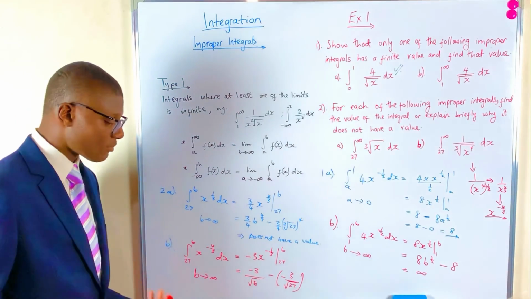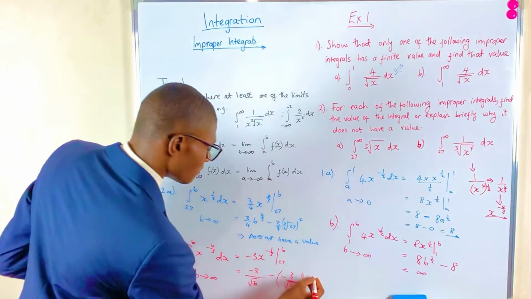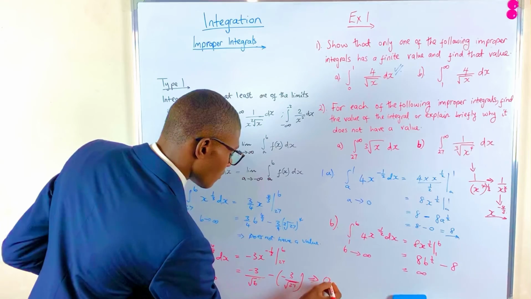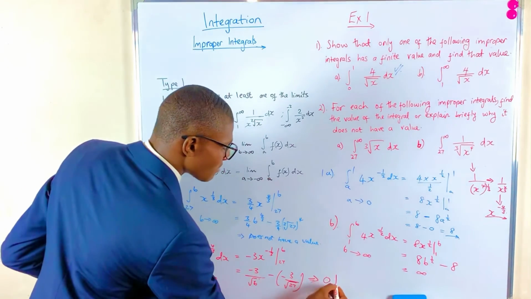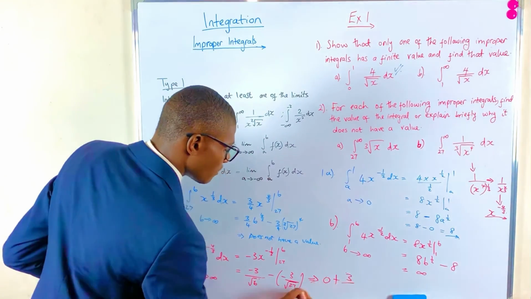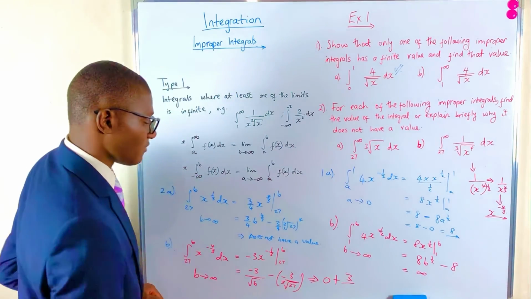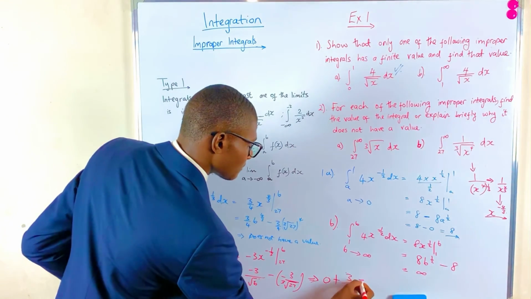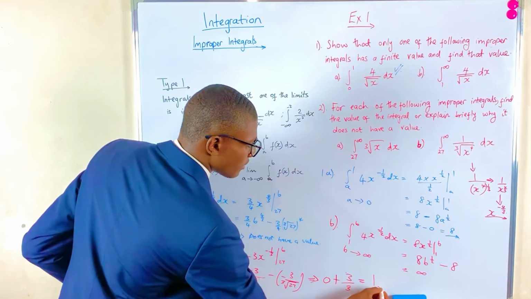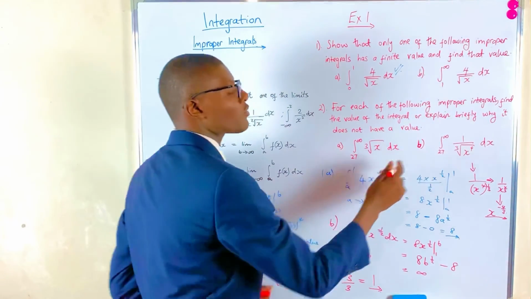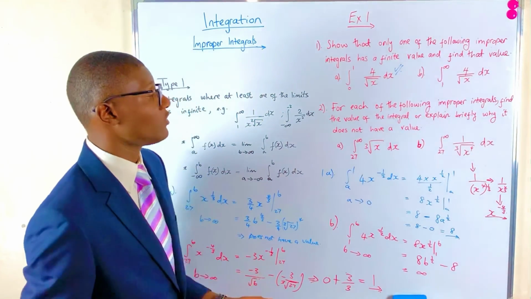So we've got 0, and then minus minus becomes a plus: 3 over the cube root of 27, that is 3 over 3, which gives us 1. So this improper integral has a value of 1.